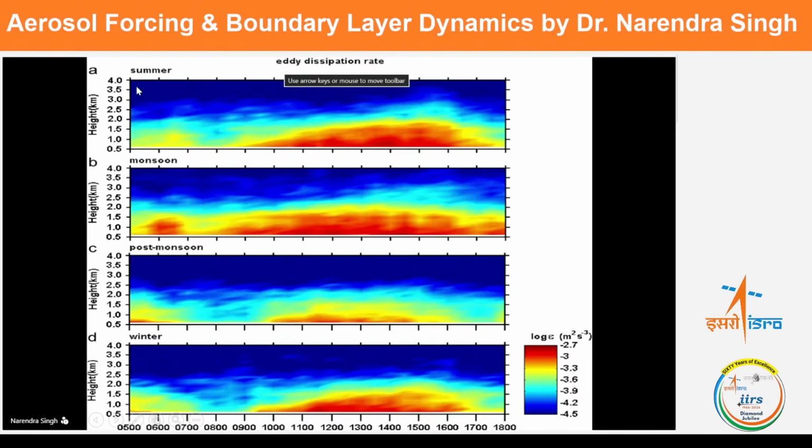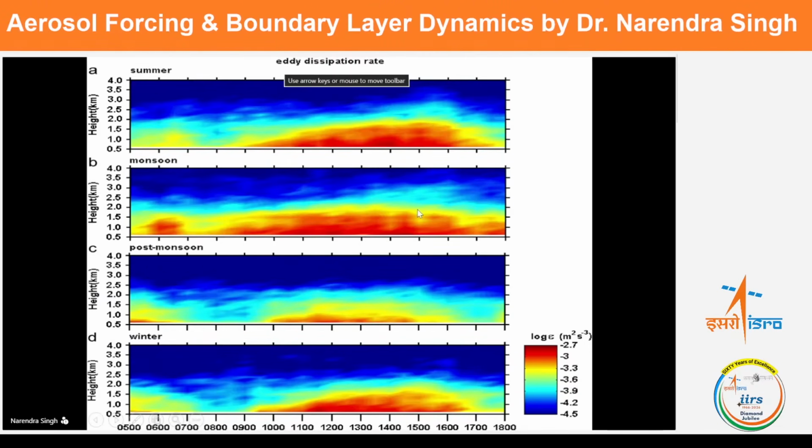So in summer, around midday, up to 2 to 3 p.m. in the afternoon, the evolution of the boundary layer is highest. Higher turbulence means a higher strength of mixing in the atmosphere. It reaches 1.5 kilometer in the vertical in the summer season.